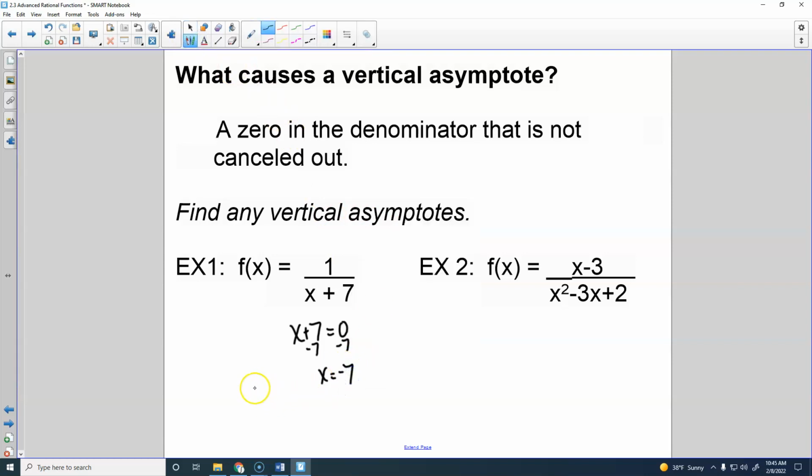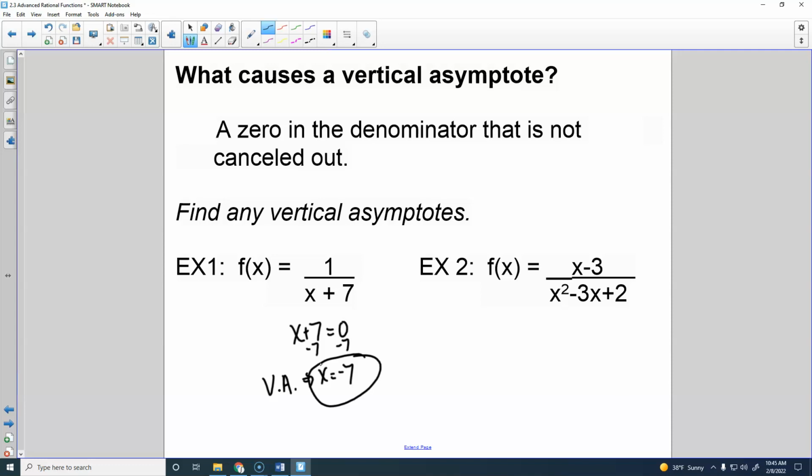There we go. So this would be our vertical asymptote here. Okay, questions on the first one?